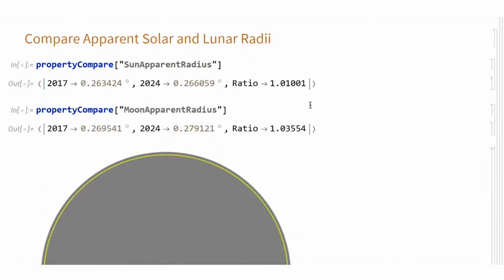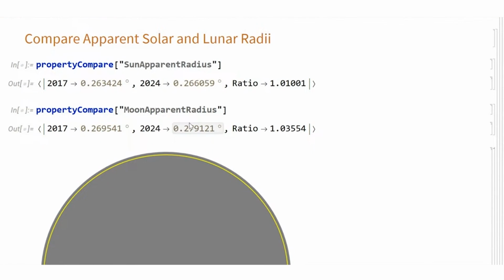The apparent radius, you can do that numerically if you want. It's more useful to do this visually, which I've done below here. But here you can see the sun's apparent radius in 2017 and 2024. They did differ a little bit just because of the distance of the Earth from the sun. And the same thing with the moon's apparent radius. They differed between 2017 and 2024.